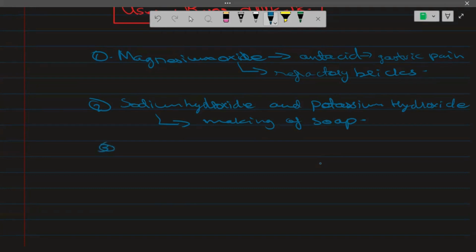Now the third use is that calcium hydroxide is used to reduce acidity in soil. Farmers use calcium hydroxide in soil to reduce the acidity.